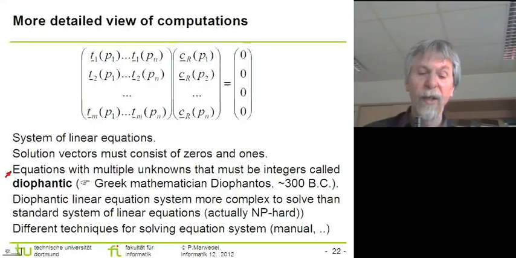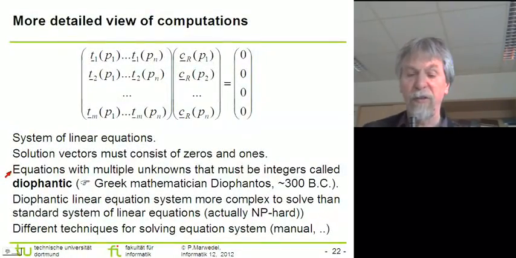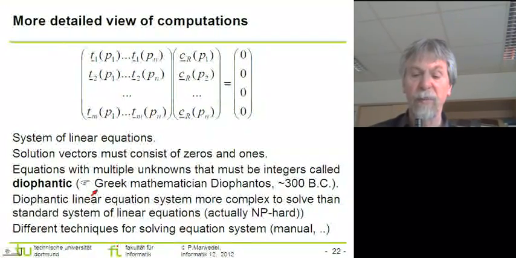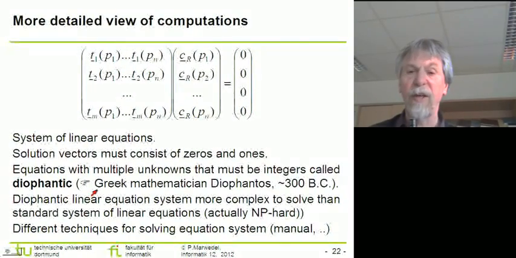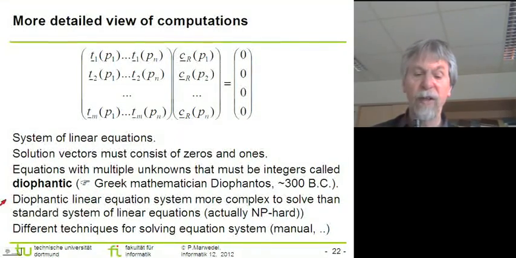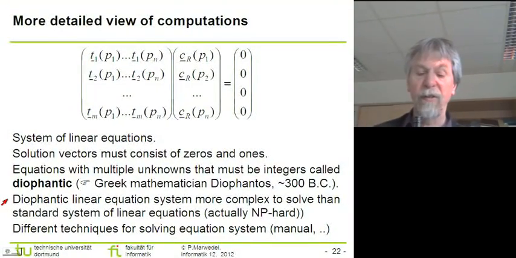In general, if we have equations with multiple unknowns that must be integers, such equations are called Diophantine equations, and the name is derived from the Greek mathematician Diophantus, who lived about 300 years before Christ. He was looking at such equations where the unknowns must be integers. It turns out that Diophantine linear equation systems are much more complex than the standard linear equation systems.